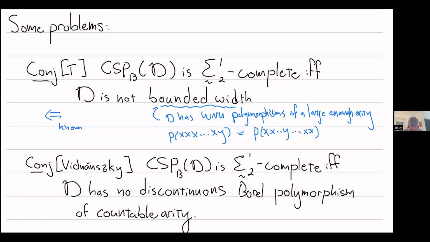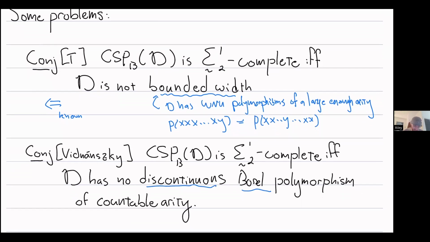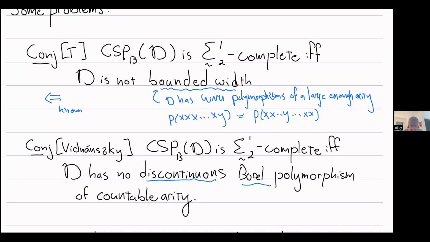Okay. And Zoltan, at least in talks, I'm not sure if he said this in print, has also conjectured that complexity should be characterized by having a non-trivial countable arity polymorphism. What he means by non-trivial is that it should be discontinuous, but also Borel. Okay. And various directions of these are known.